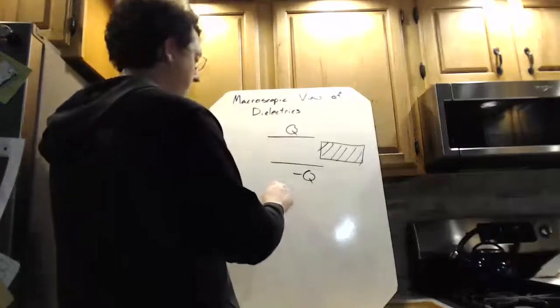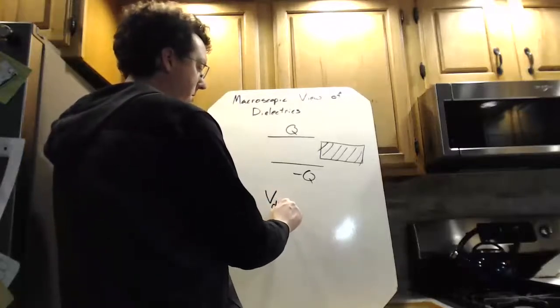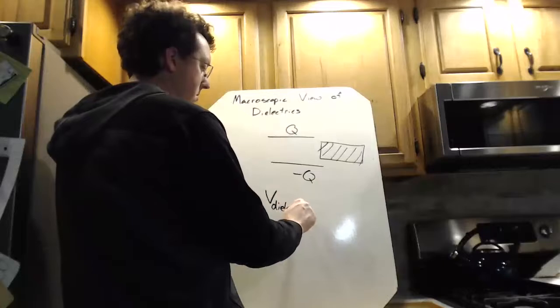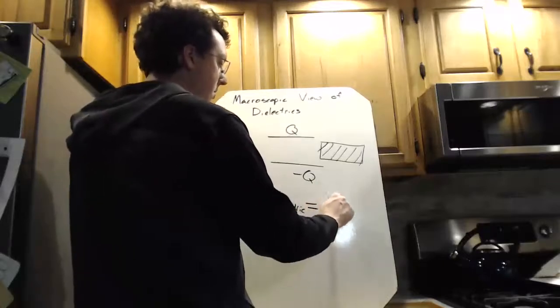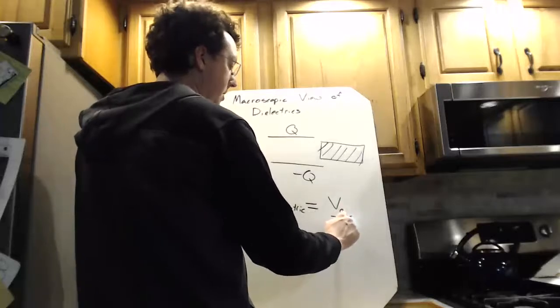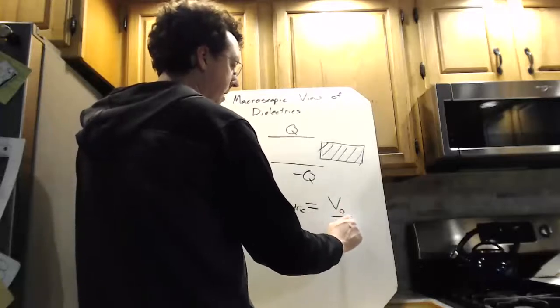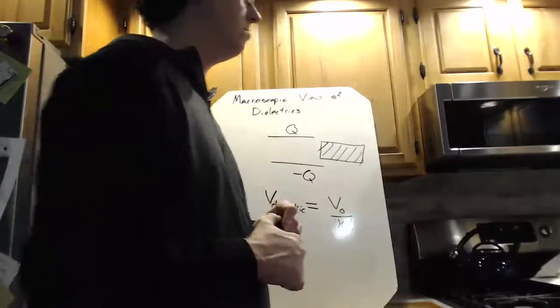So the potential with the dielectric equals the original one divided by kappa. So it gets smaller by a factor of kappa.